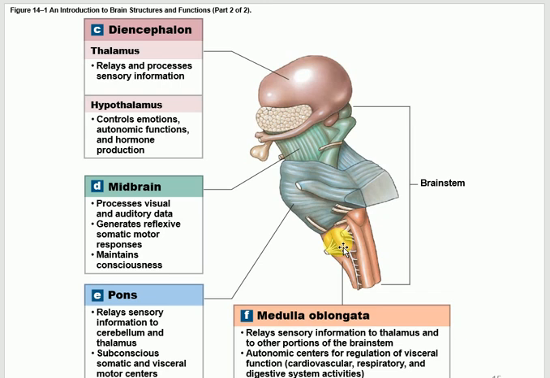And look what's connected to it down here. You see this? What's the diencephalon? Thalamus, hypothalamus, and then connected to the hypothalamus is this gland here. You will see it in the lab. This is called the pituitary gland or hypophyseal gland or hypophysis. Pituitary, hypophysis, hypophyseal, same thing.